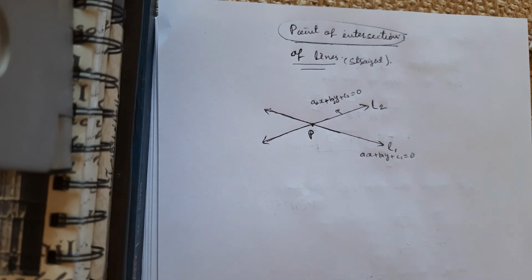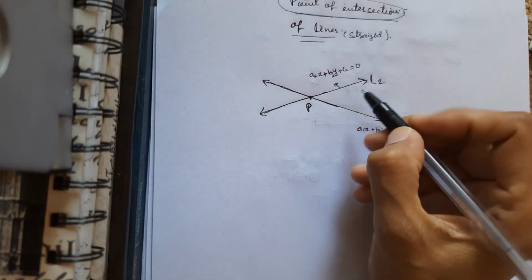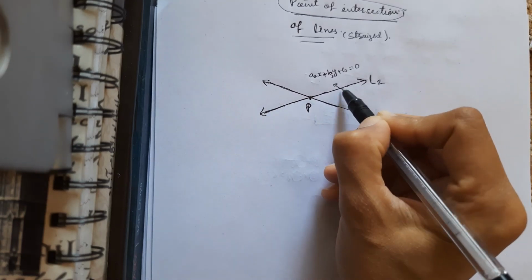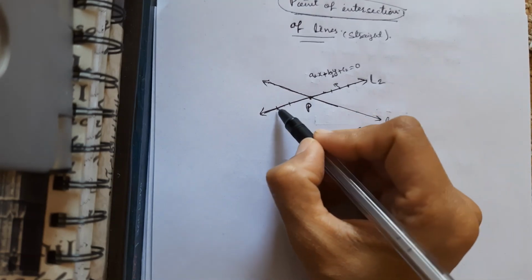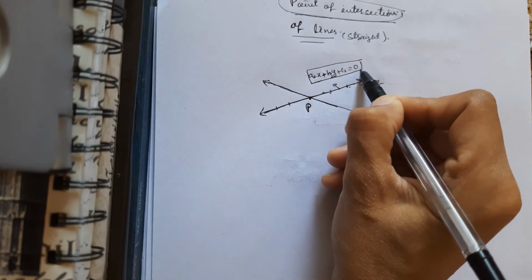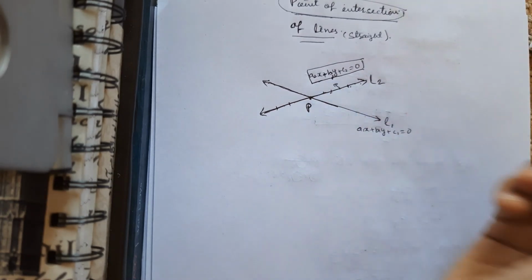Now what is the speciality of this point of intersection? On this line L2, if you have a point here, or here, every point satisfies this equation.